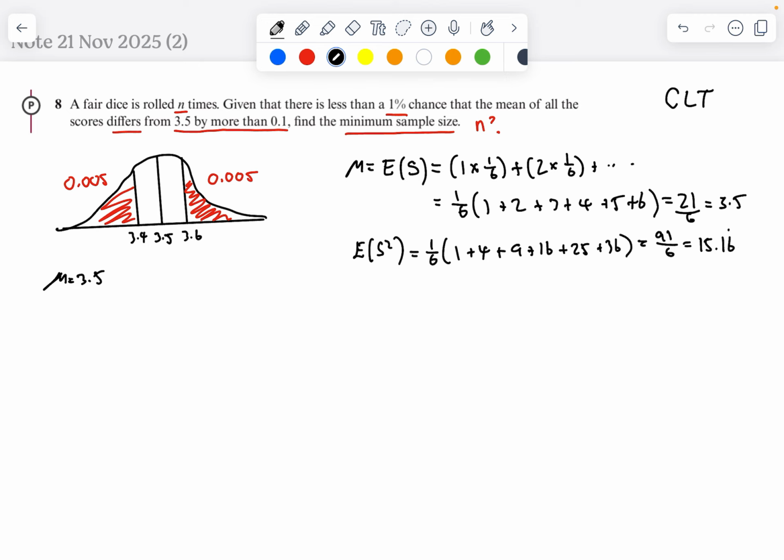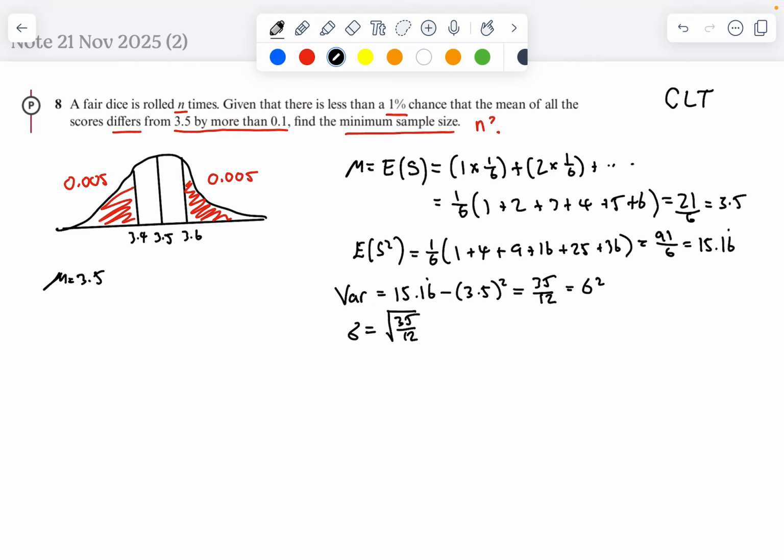Now I want the variance, and that is equal to the expectation of x squared, 15.16 recurring, minus the expectation of x, all squared. And when I subtract those, I get 35 over 12. So that is my standard deviation squared. So my standard deviation is equal to the square root of 35 over 12.